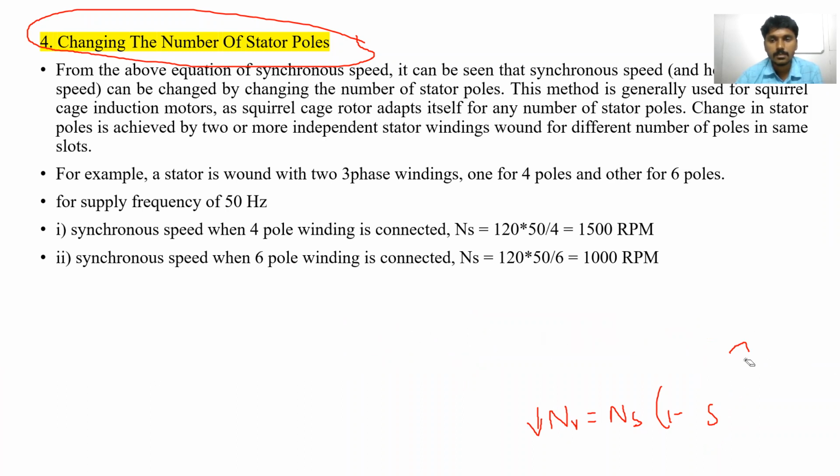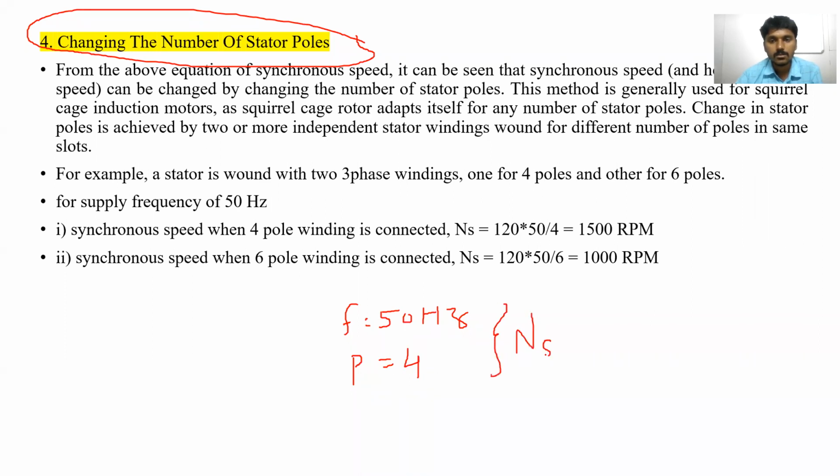You can see on the screen. If frequency is equal to 50 hertz, and P is equal to 4, the number of poles of the stator, then Ns is equal to 120 into 50 upon 4.